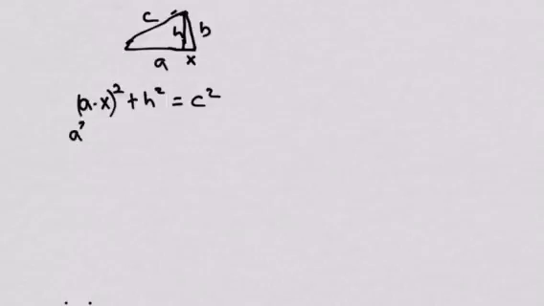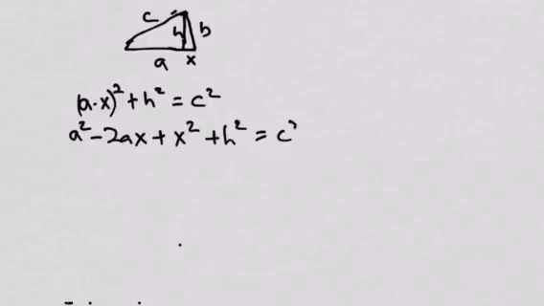That's going to give us a squared minus 2ax plus x squared, and then we still have h squared on the left side of the equation equals c squared. Let's think about what h is. By Pythagorean theorem, I could say x squared plus h squared equals b squared.